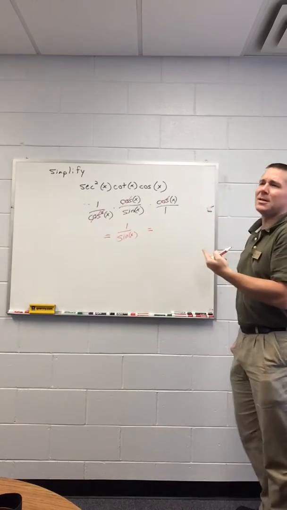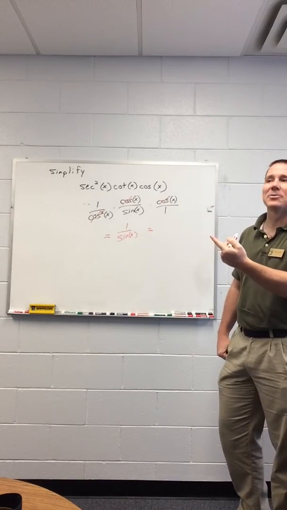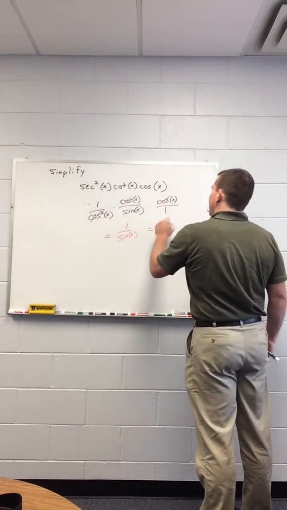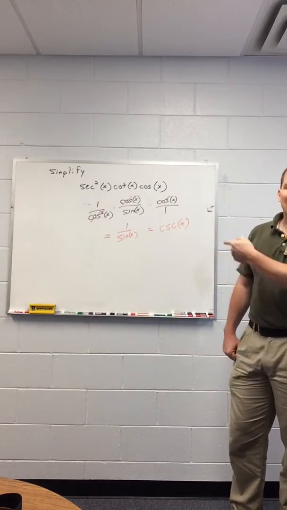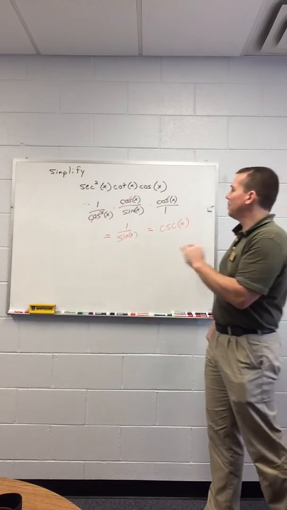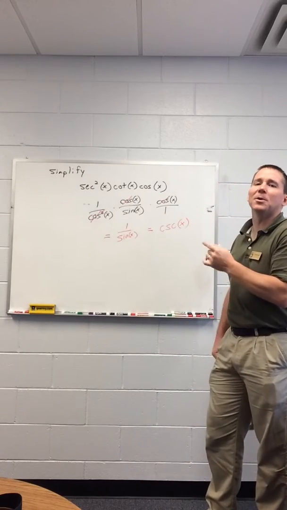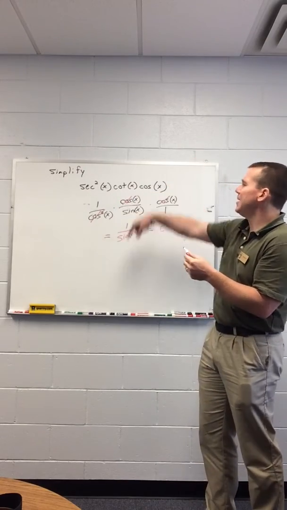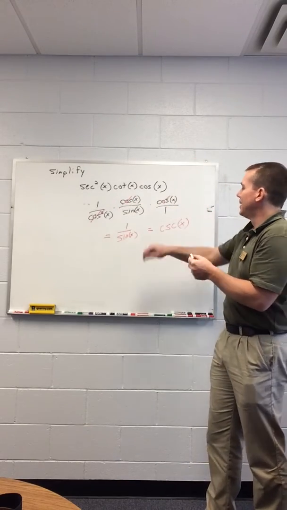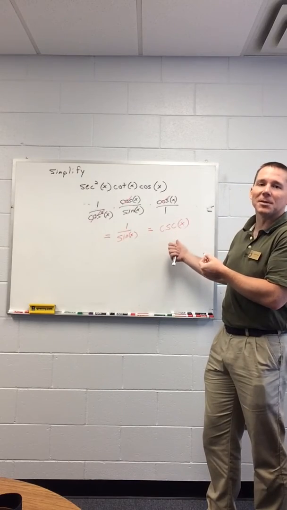And then from there, 1 over sine x, sine is the reciprocal of cosecant. So that's just cosecant x. That one is pretty straightforward and simple, but that's essentially what we're going to be doing. Taking trig functions, rewriting them, manipulating them, and making them smaller and simpler.